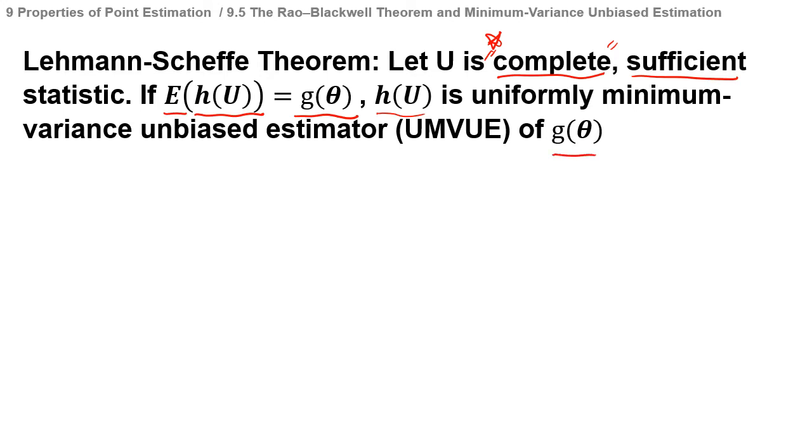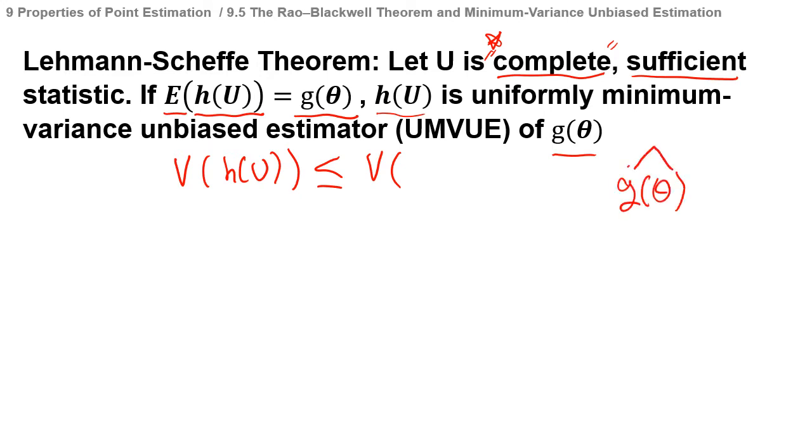This is easily proved by Theorem 9.5 that we just explained. So the variance of h(U) is less than or equal to the variance of the original estimator, say, g(zeta) hat, the estimator for g(zeta).